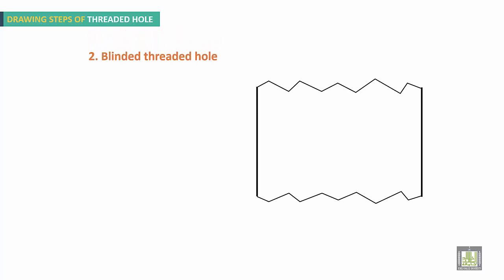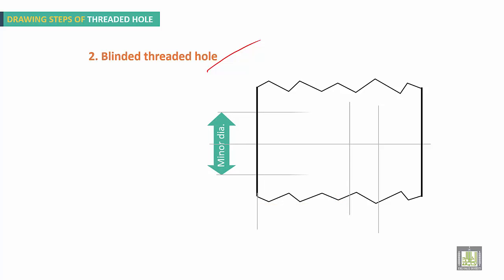How to draw blind threaded hole now? Draw the thread axis position. You have the hole depth. You have also thread depth. You have the minor diameter. Okay.